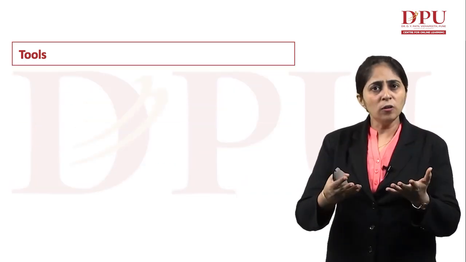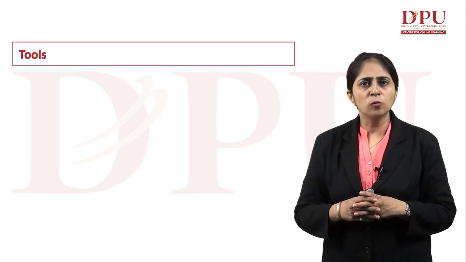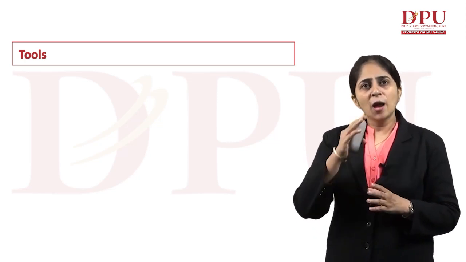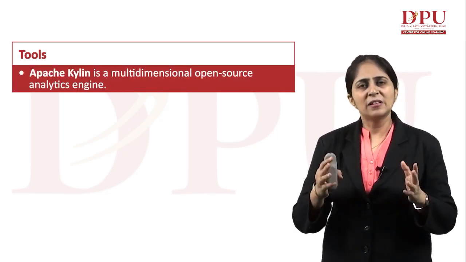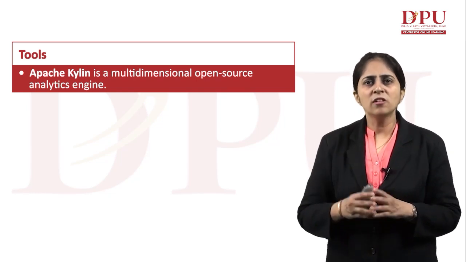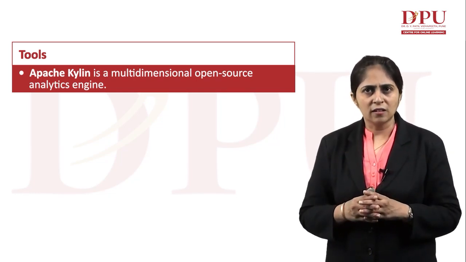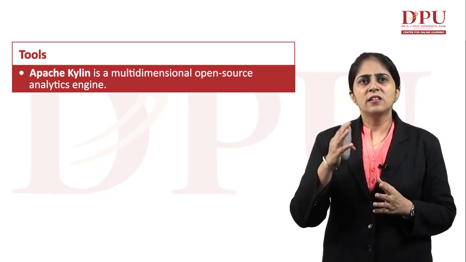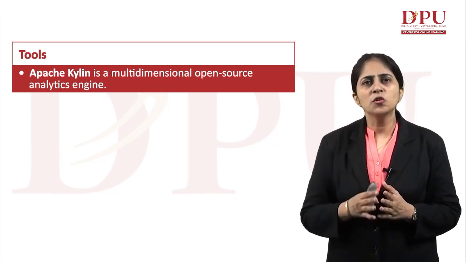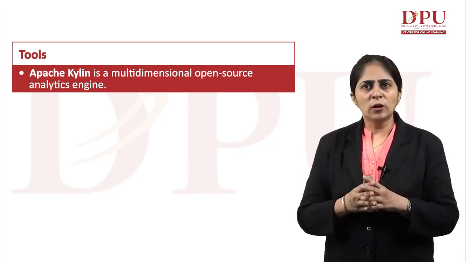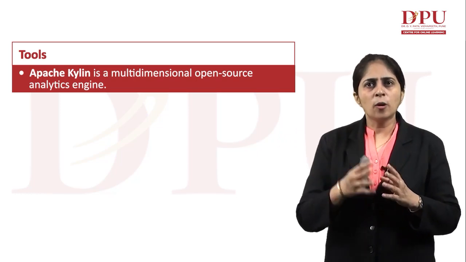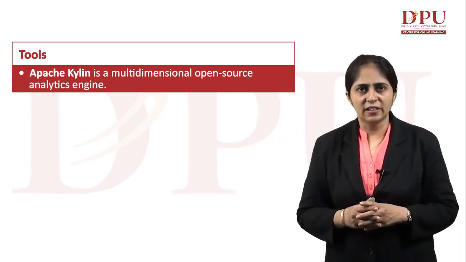Now there are some more important tools that we are going to discuss. Apache Kylin. Apache Kylin is a multidimensional open source analytical engine. It is designed to provide the SQL interface and OLAP in synchronous with Hadoop to support large data sets.